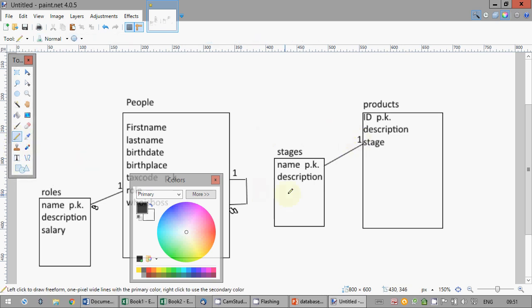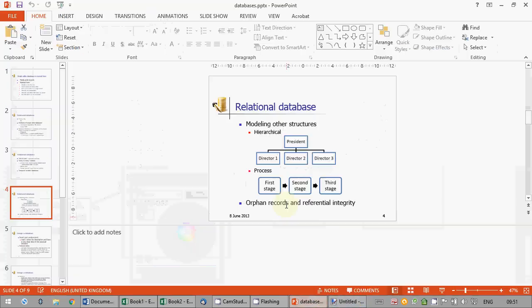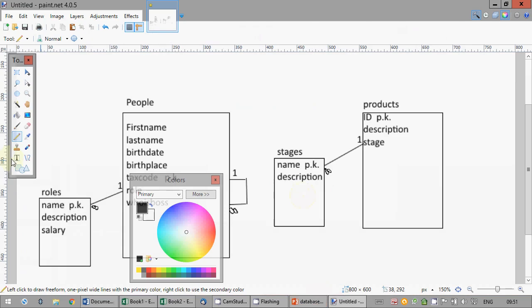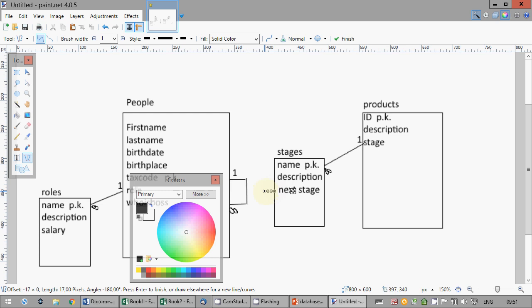One, many. Okay, in this way, if you want to have also the other information that this stage comes before this one and before this one and so on, you can put here, if you want, the field next stage, which is a foreign key which points at the next stage.